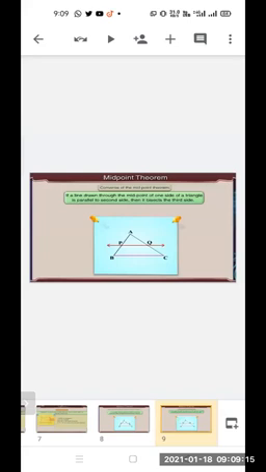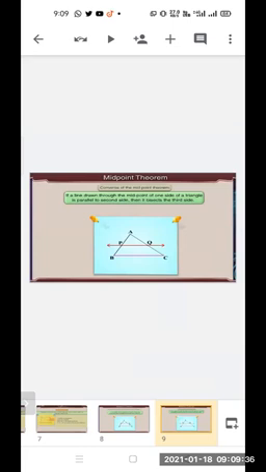So this theorem states that if a line drawn through the midpoint of one side of a triangle is parallel to the second side, then it bisects the third side.